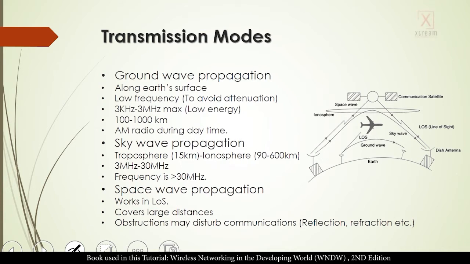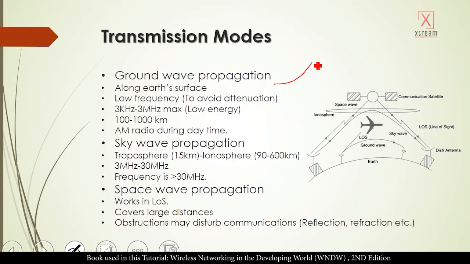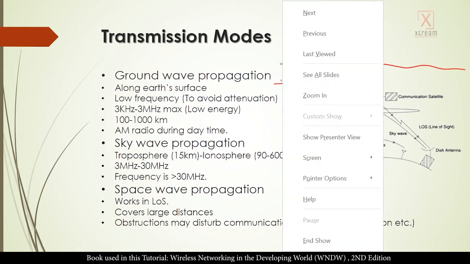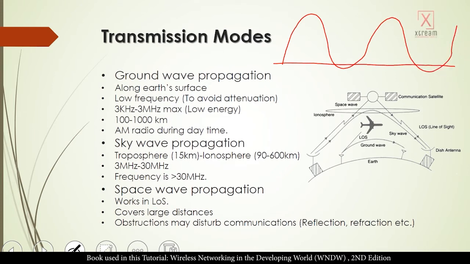They can travel along the Earth's surface, and the reason they use low frequency is that, let's say this is our ground, and we use frequency from 3 kilohertz to 3 megahertz.